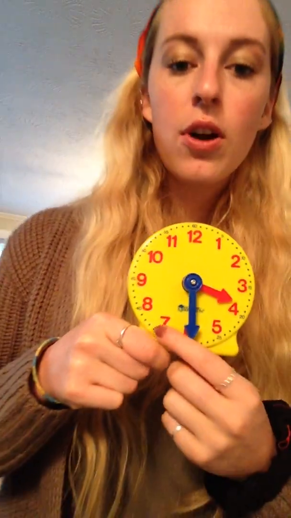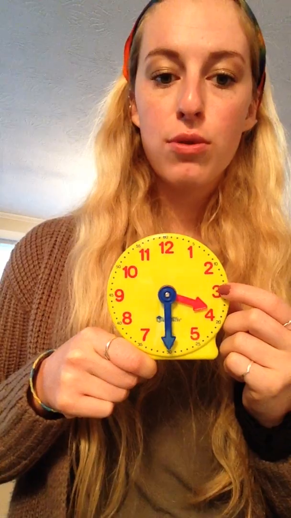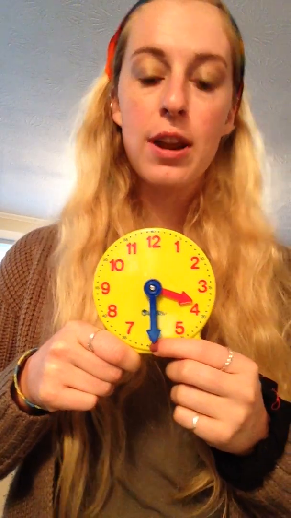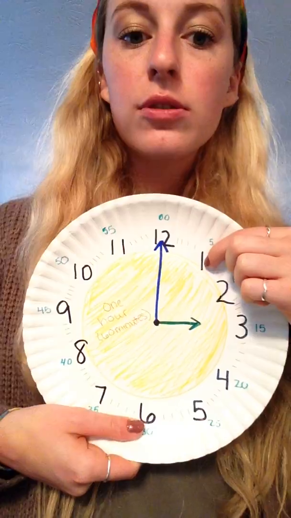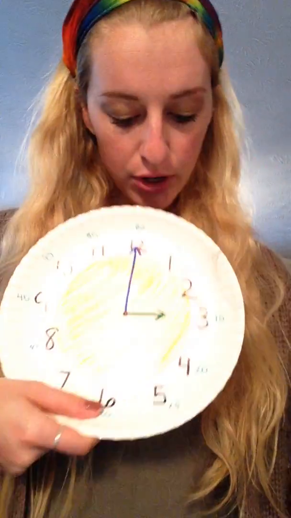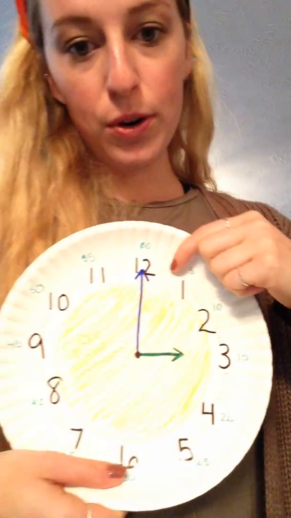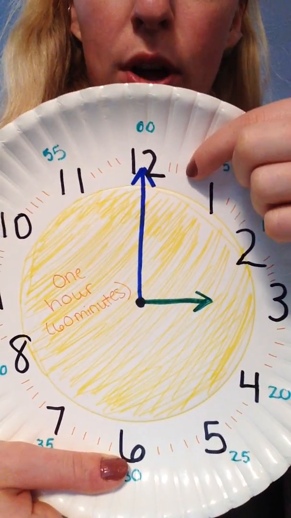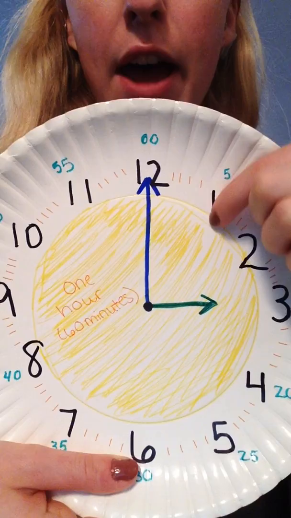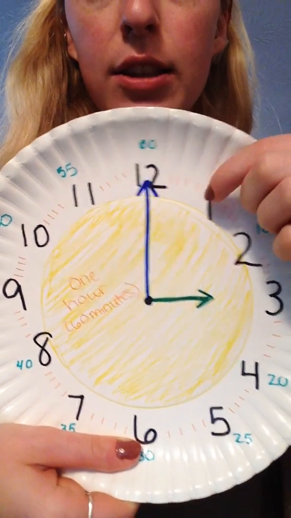Well, even though these red numbers right here are the hours on the clock, so right now that it was 3, that's the hour, and then 30 minutes passed, we're talking about the minutes now. So if we look, each one of these numbers for the hours is worth 5 minutes. Because if we count these little orange dash marks, I don't know if you can see those, there's 1, 2, 3, 4, 5 minutes to get to this one.